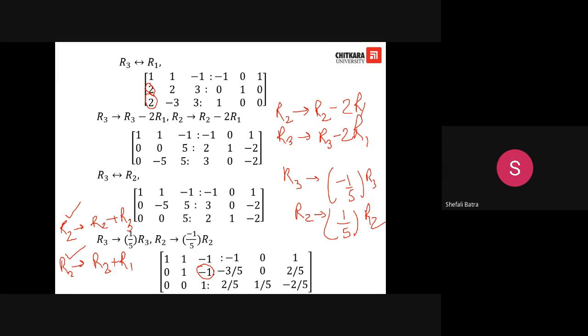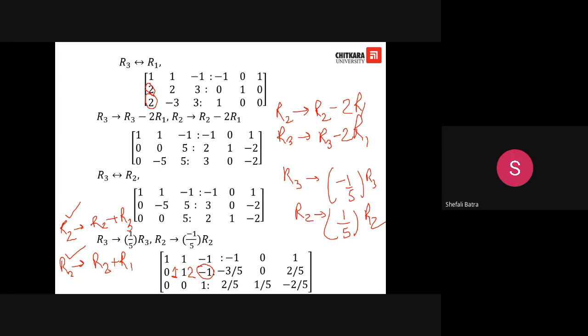When you add R2 and R1, this entry would become 0 plus 1, which is 1, and 1 plus 1, which is 2. So what happened, Hitesh? Are you getting my point, beta? Yes, ma'am. Okay, these entries would be spoiled.